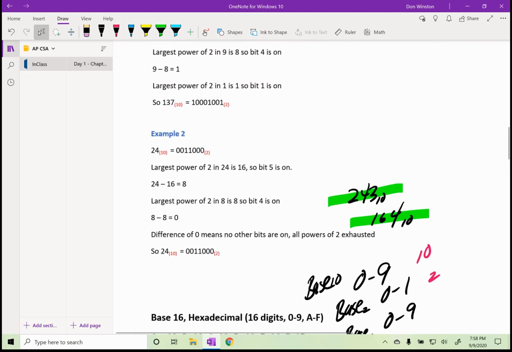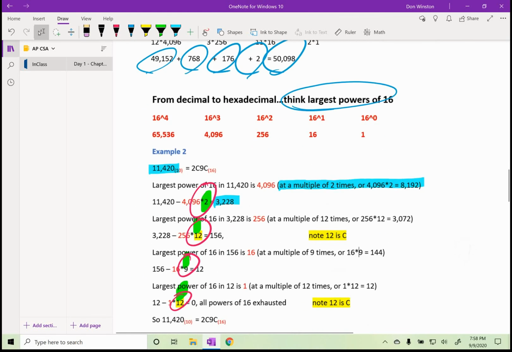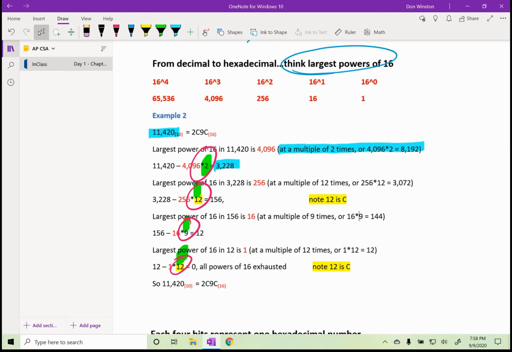A little more thought is involved there, because you have to consider the multiples. You have to think multiples. It makes it a little more difficult, but the process is kind of the same.